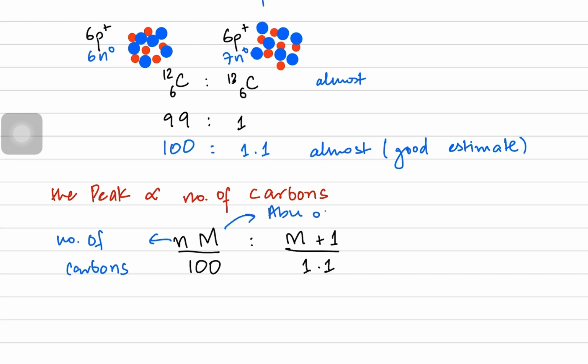Capital M, I repeat, is the abundance of the M peak which is made by carbon-12, and M+1 means the abundance of the peak which is made by carbon-13.